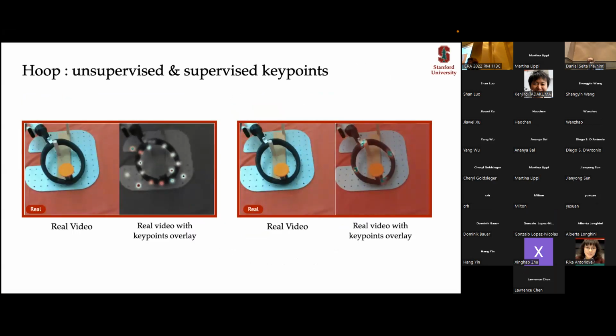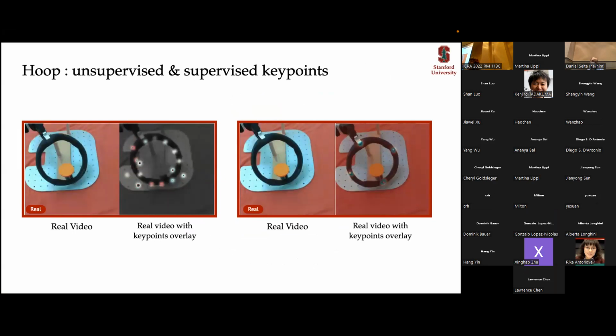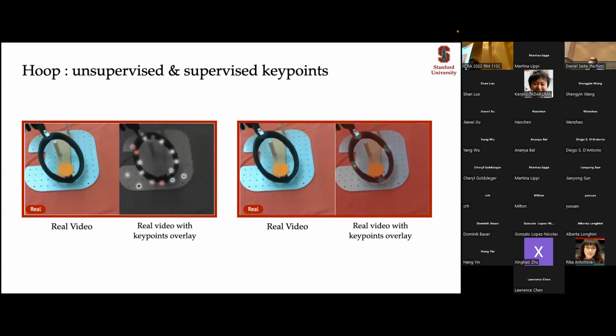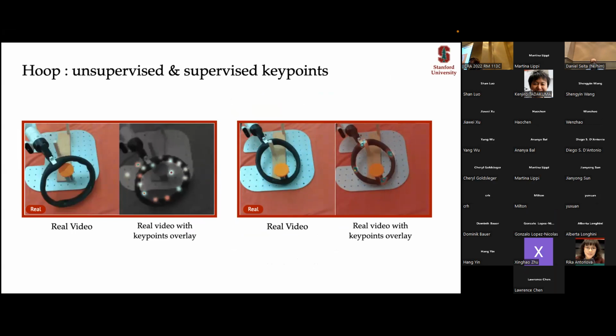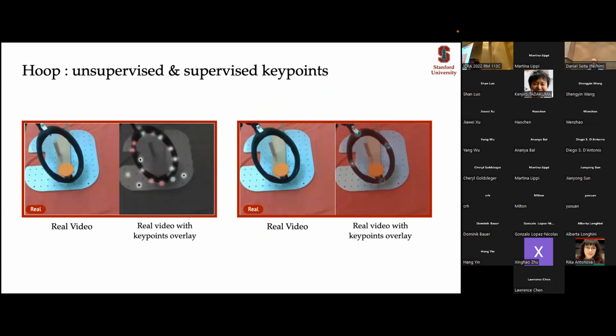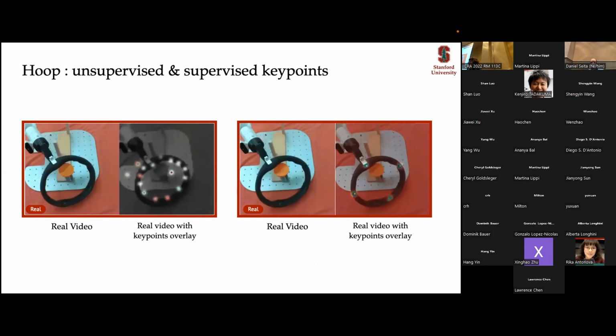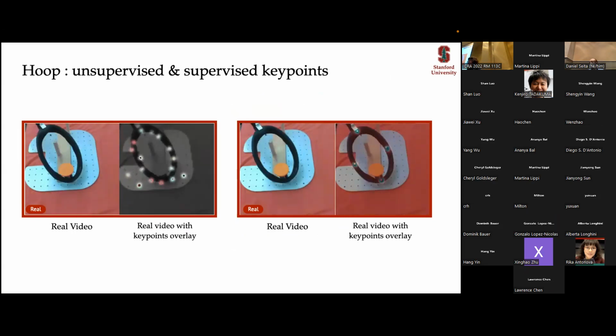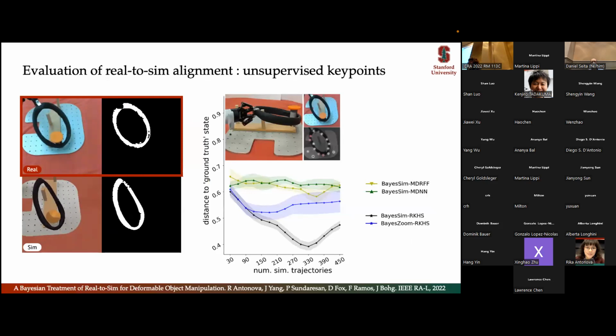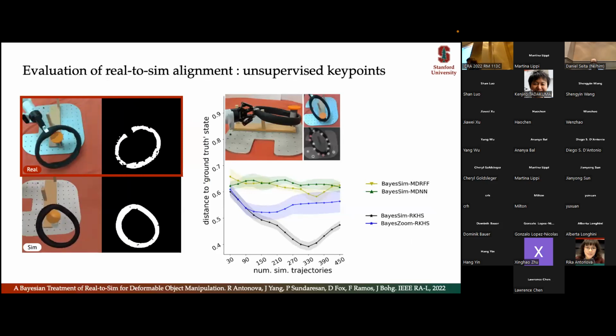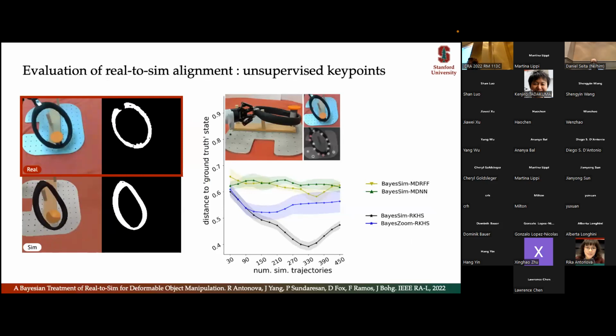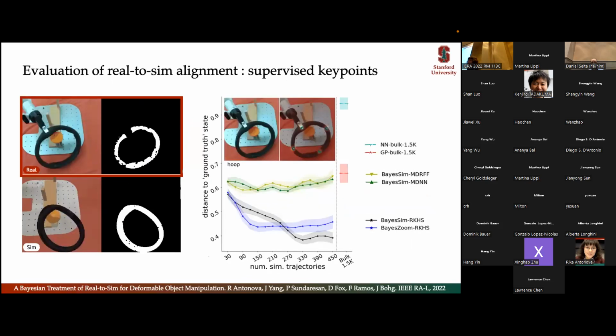Then this is this task with the hoop. And here I want to highlight that you can see that the key point method has in part failed to track the motion of the deformable, and there's some pretty visible noise here in the case of the unsupervised method, and we're still able to benefit from it compared to not using our representation.